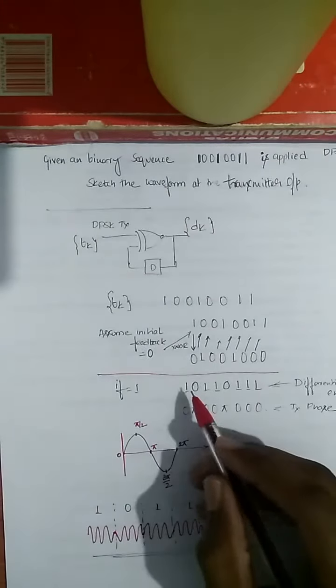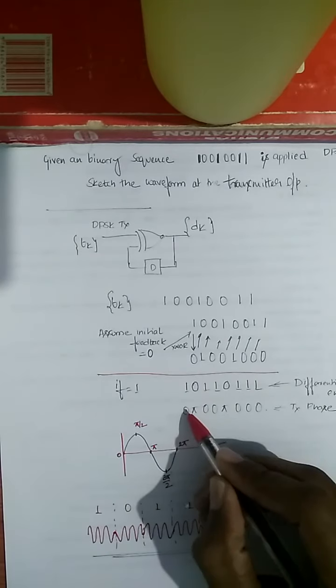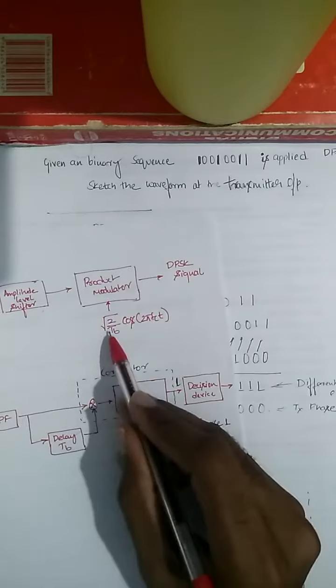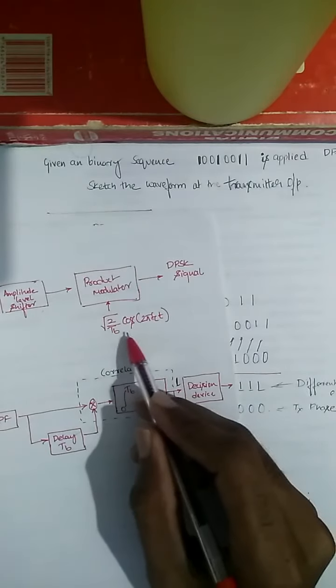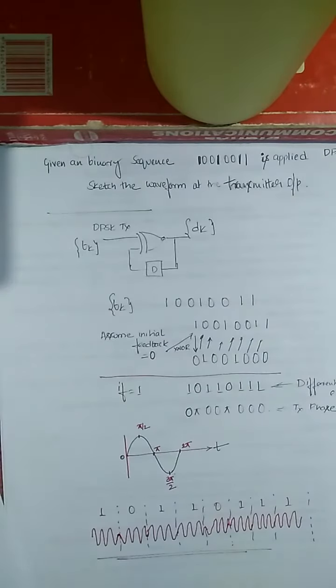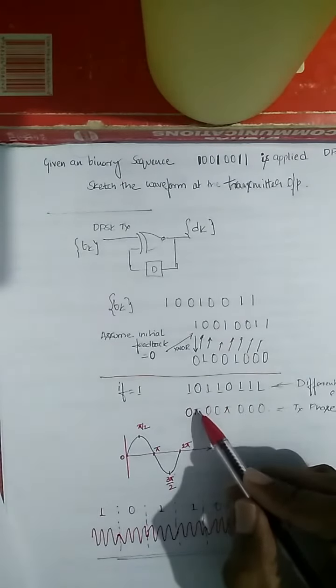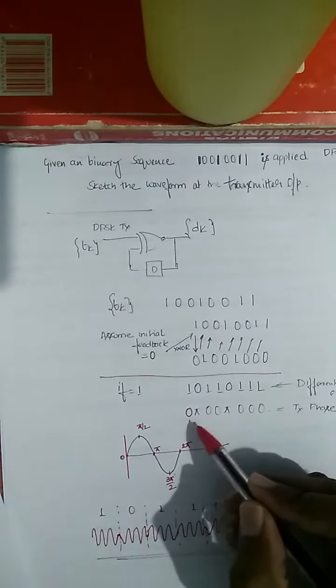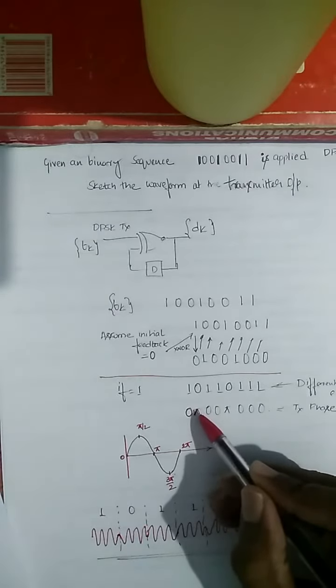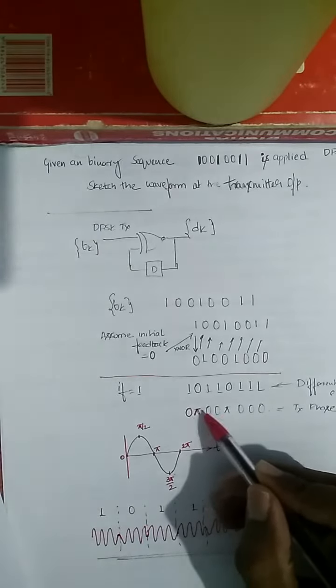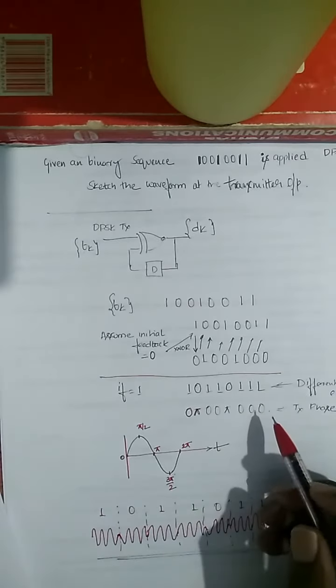For a bit stream 1 there is no phase shift, it is just the same signal being transmitted, square root of 2 by TB cos of 2 pi fc t. And for a data stream of 0, the signal will be advanced by pi radians.